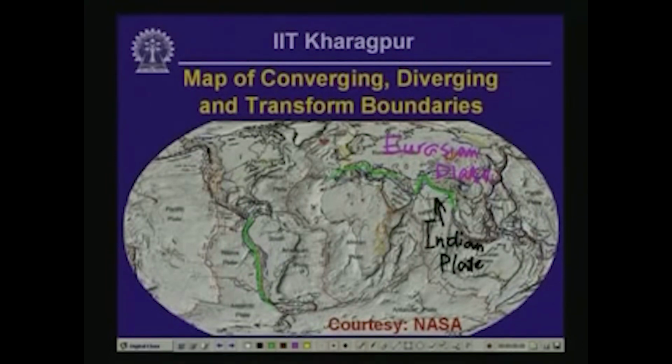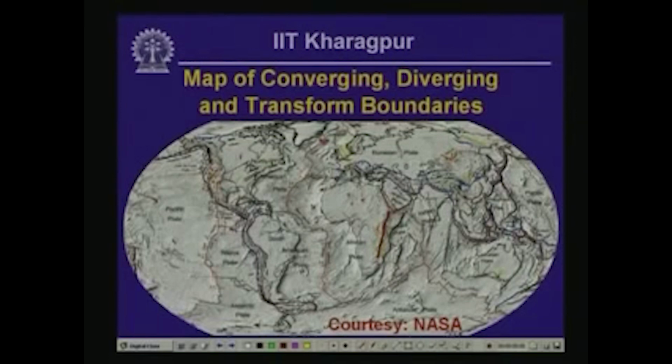Now, I also want to highlight on this particular slide a spreading center along the eastern part of the African continent, and this is called the East African Rift Valley.